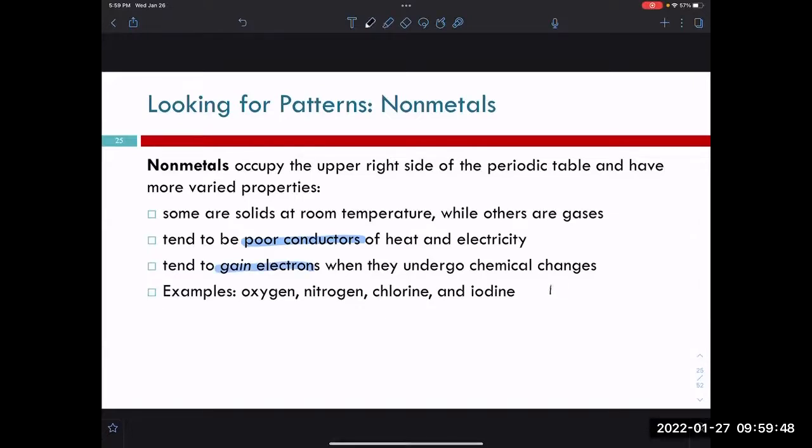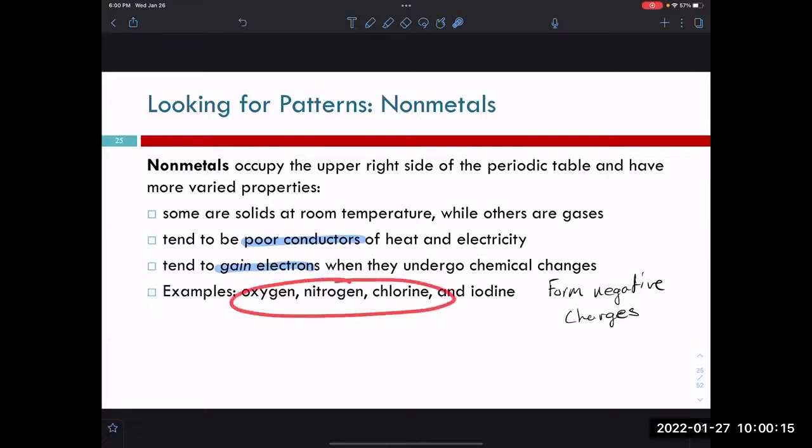So they form negative charges. Examples of nonmetals are oxygen, nitrogen, chlorine, and iodine. Carbon is also a nonmetal, an example of a solid nonmetal, whereas these are not all gases. Oxygen, nitrogen, chlorine are predominantly gases. Iodine is generally a solid.